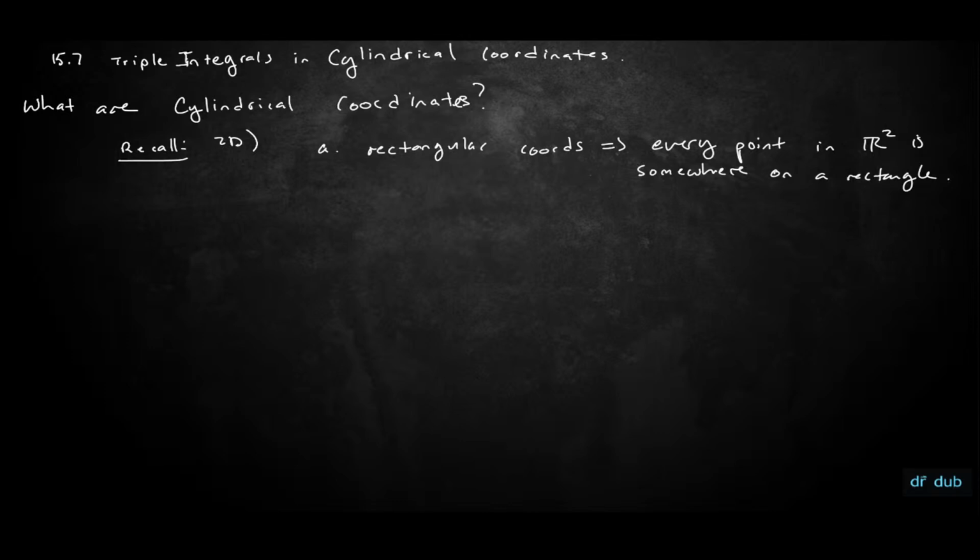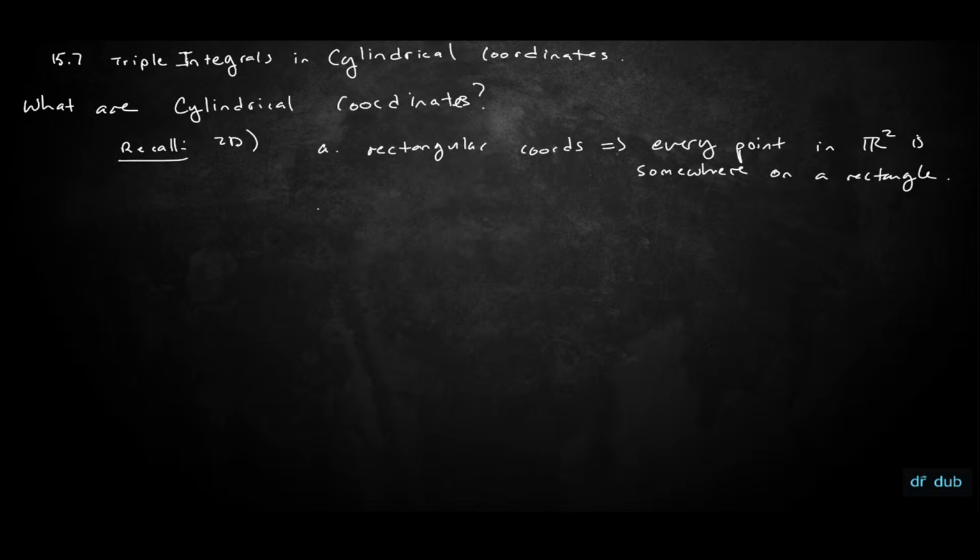That's the heart of rectangular coordinates. We could say every point in two-dimensional space is somewhere on a rectangle. And so whenever we talk about locating points in space, we identify an x and a y coordinate. Well, that tells us which rectangle it's on.